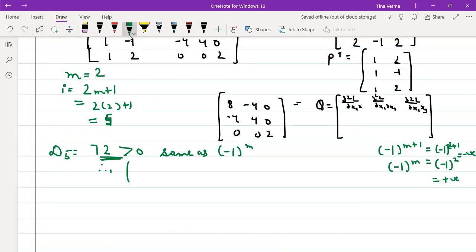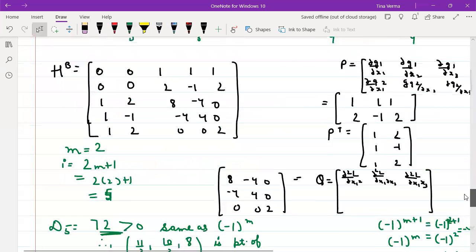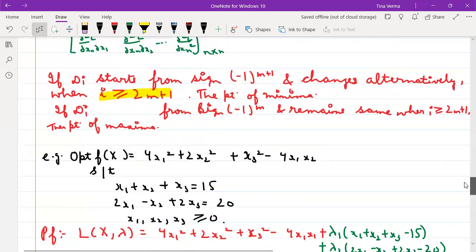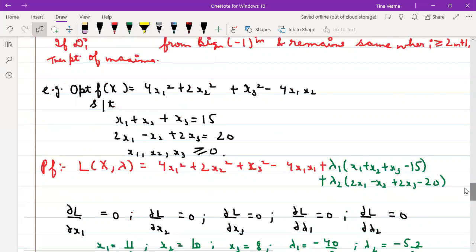Therefore, the point which you have calculated, 11 by 3, 10 by 3, 8, कौन सा point है? That is the point of max.